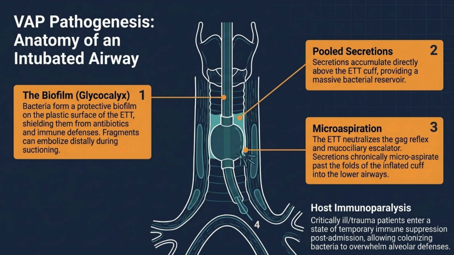The endotracheal tube creates a biofilm reservoir that shields bacteria from immune defenses. It also neutralizes the gag reflex, allowing secretions to microaspirate past the inflated cuff. Critically ill patients often enter a state of host immunoparalysis, leaving their alveolar defenses overwhelmed.